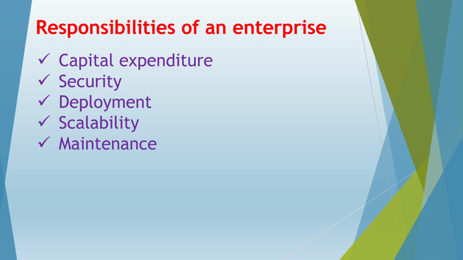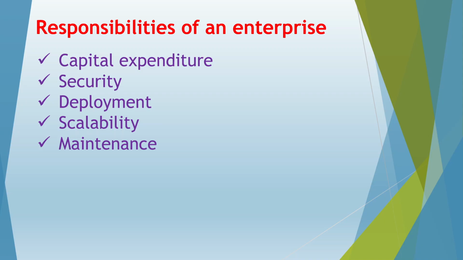Coming to the second point, that is called capital expenditure, a one-time, big investment on all IT system resources. Next, the second point is about security. When you are building or maintaining everything on your own premises, you will have a lot of control over the data storage and the security.